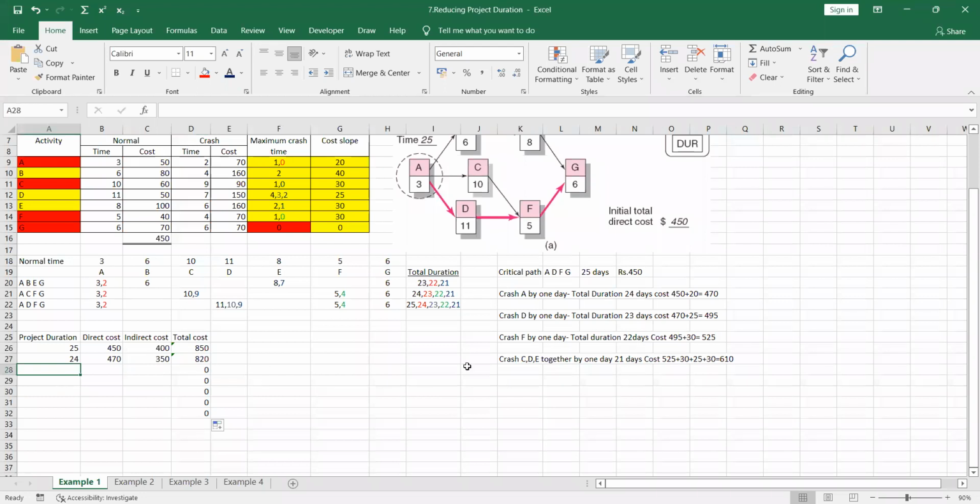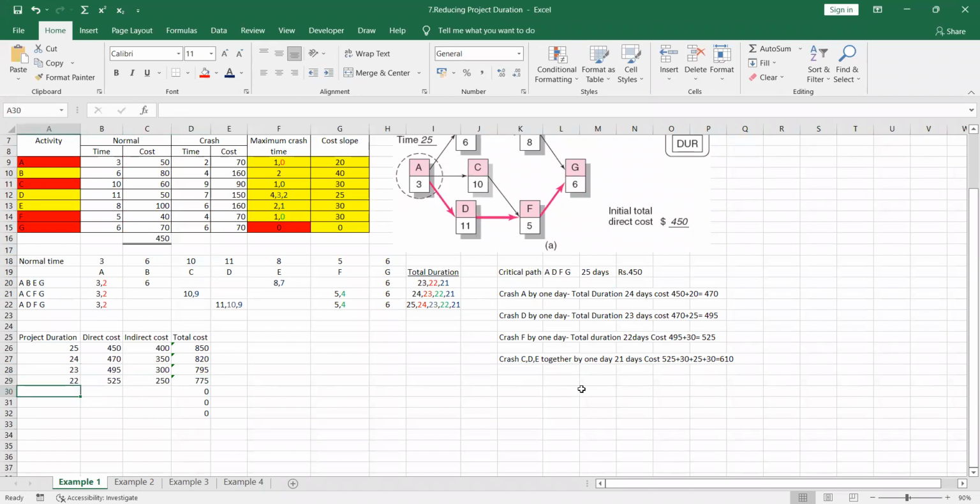For the project duration of 23, the direct cost is 495 and the indirect cost you have to assume as 300. Therefore, the total cost is 795. For the project duration of 22 days, the direct cost is 525 and you assume the indirect cost as 250. Therefore, the total cost is 775.